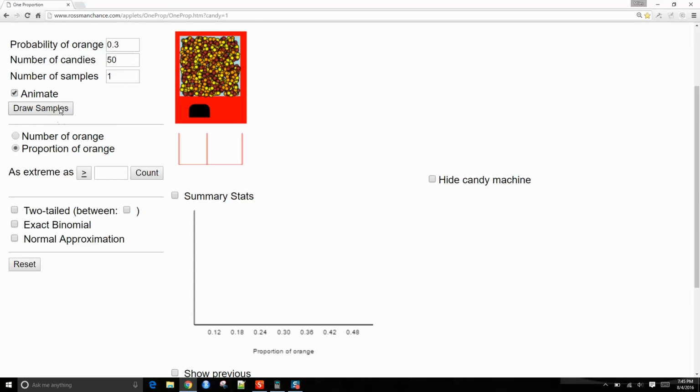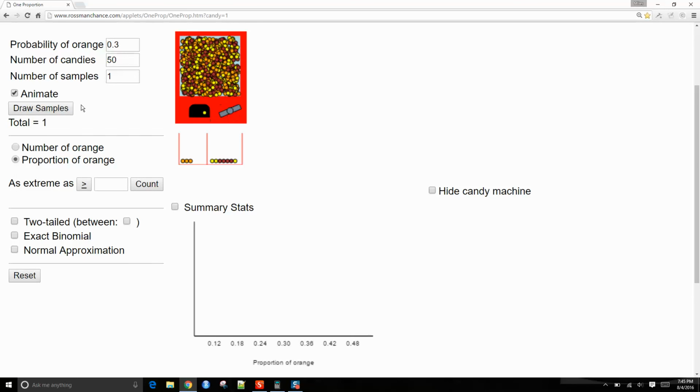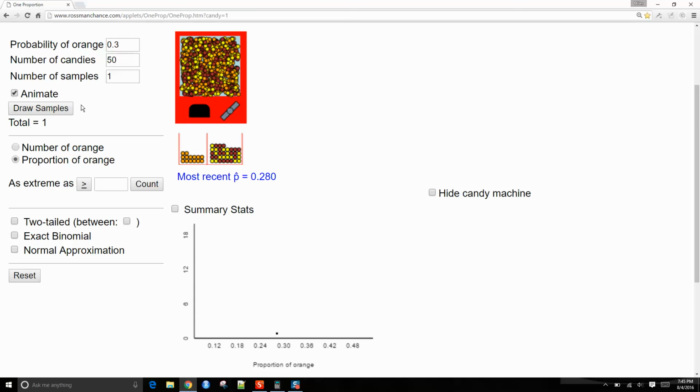I'm going to run the simulation, and you can count how many orange pieces I get. If we count them, we have a total of 14 orange pieces. 14 divided by 50 is 0.28, so my sample proportion is 28%.